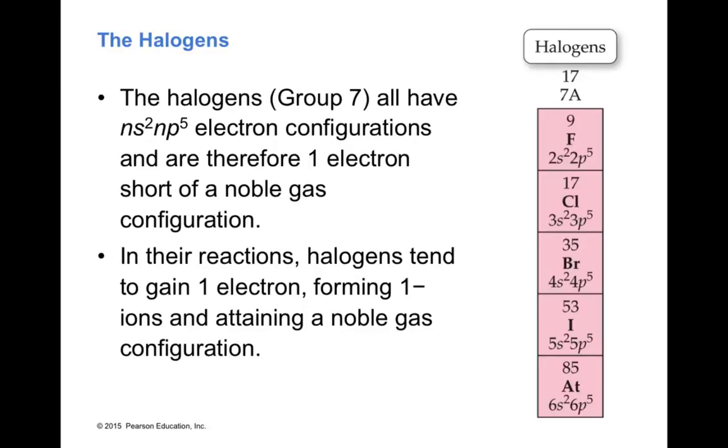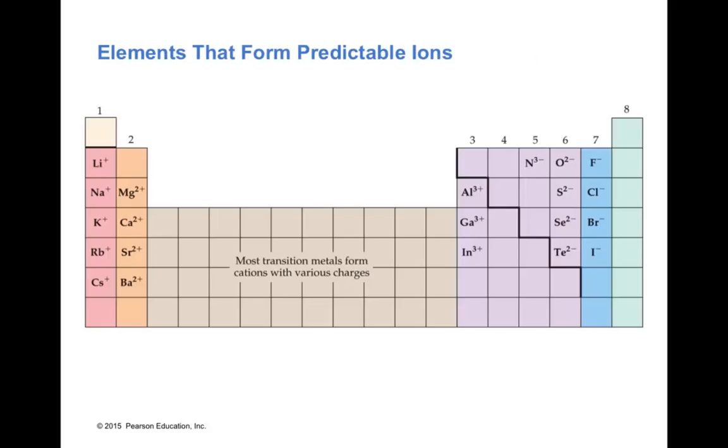But they are really reactive, because when they gain 1 electron, they have the same electron configuration of a noble gas. So family 1 is +1, family 2 is +2. For them it's really easy to get rid of electrons to have the same configuration as the noble gas before them.